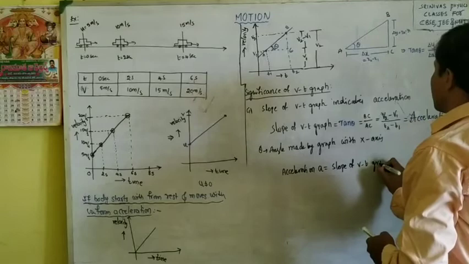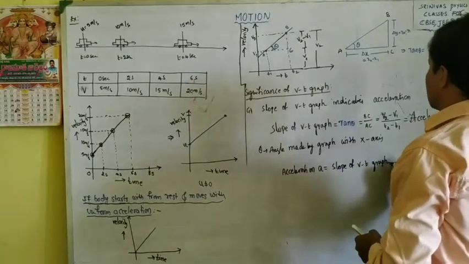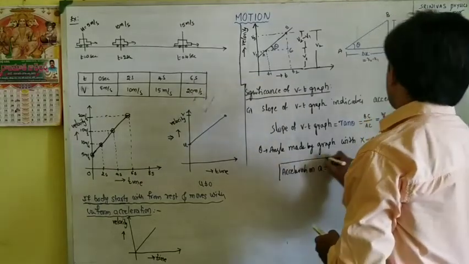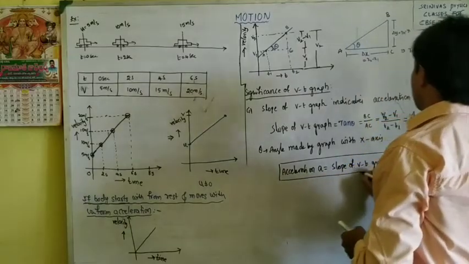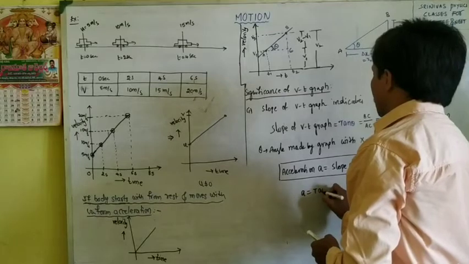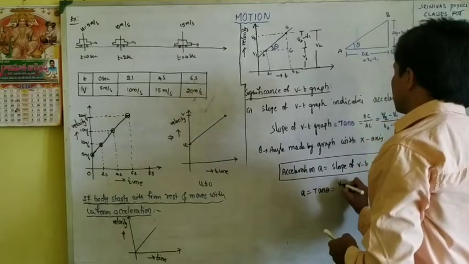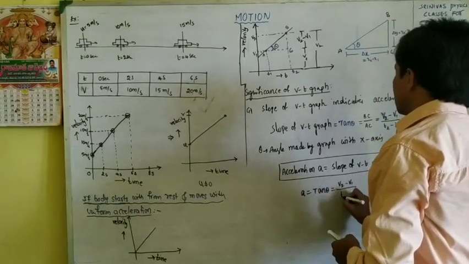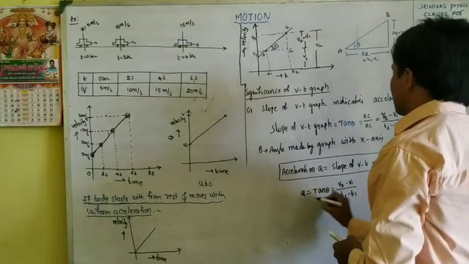What does the slope of the VT graph indicate? Acceleration. Acceleration is the slope of the VT graph, that is, acceleration equals tan theta equals V2 minus V1 by T2 minus T1, right?